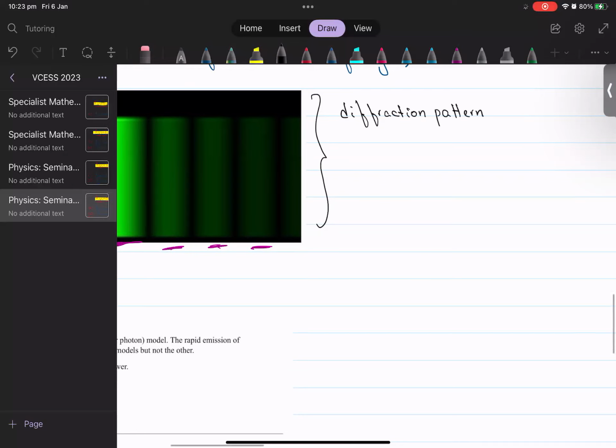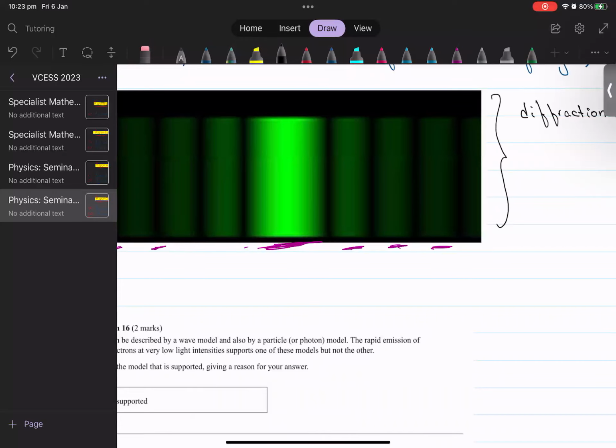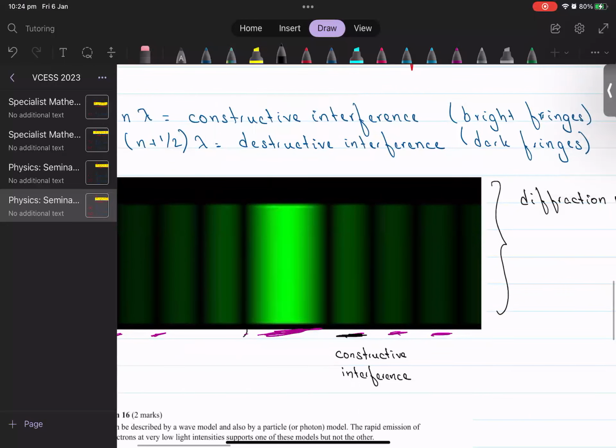So in the diffraction pattern, maybe you can see why we have a series of alternating bright and dark bands. The bright bands are where constructive interference occurs, and the dark bands are where destructive interference occurs.